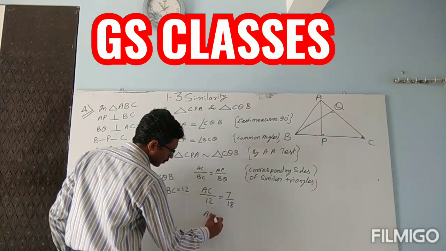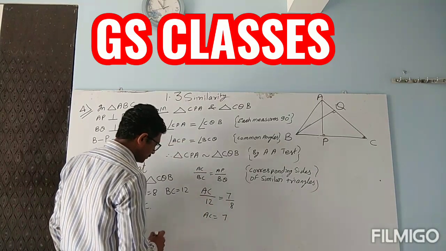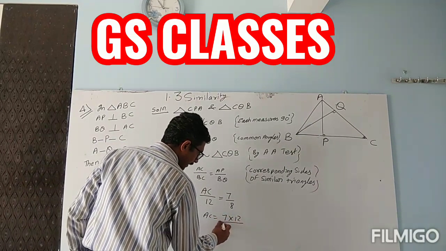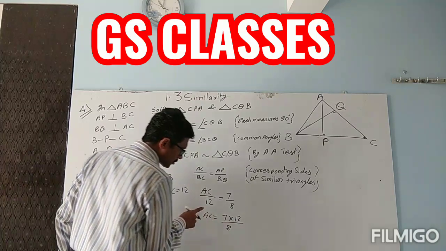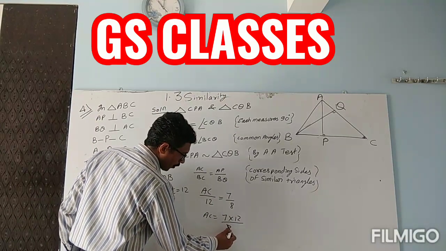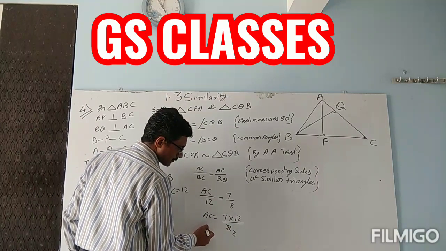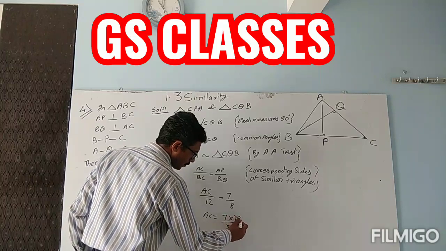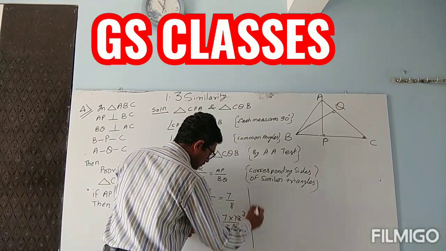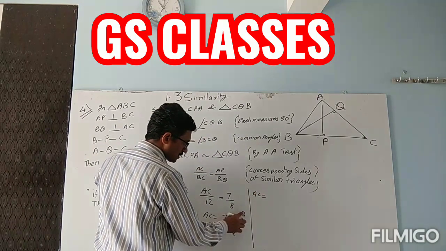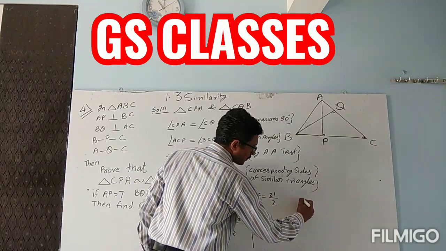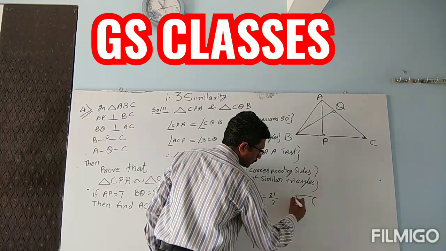So AC is going to be 7 into 12 by 8. This 12 from here will come in the numerator. So 4 twos are 8, 4 threes are 12. This is going to be AC equals 7 times 3, 21 upon 2. Divide this 21 by 2.